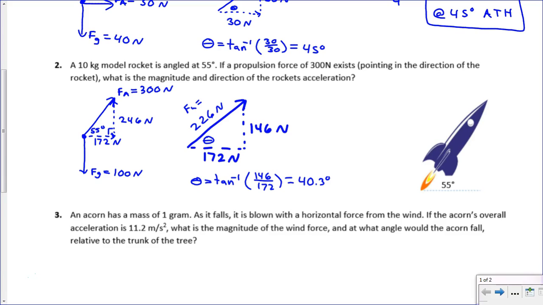So what we need to do is we need to take that FU and divide it by m, because we know acceleration equals FU over m, which equals 226 over 10, which equals 22.6 meters per second per second. And the direction that that's going in is it's at 40.3 degrees above the horizontal.